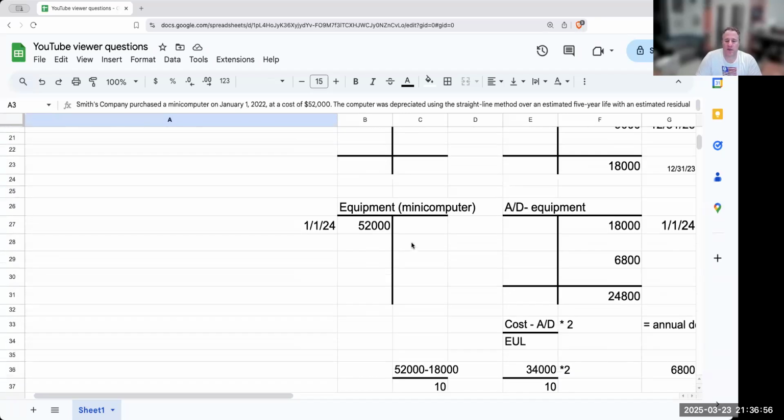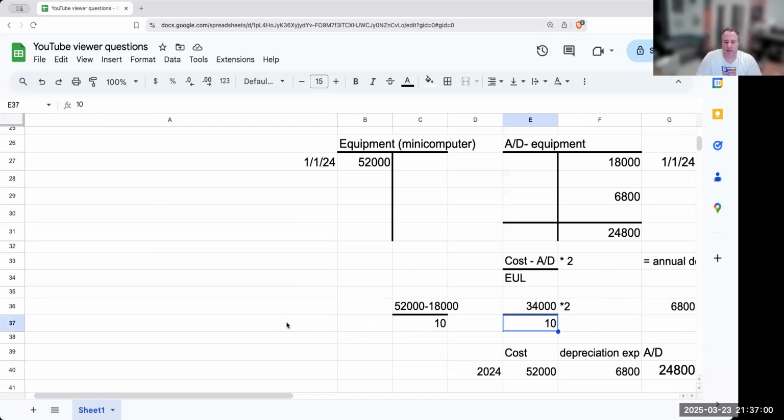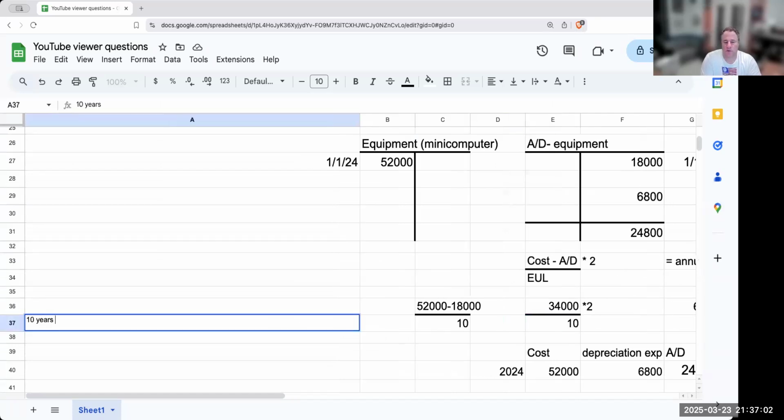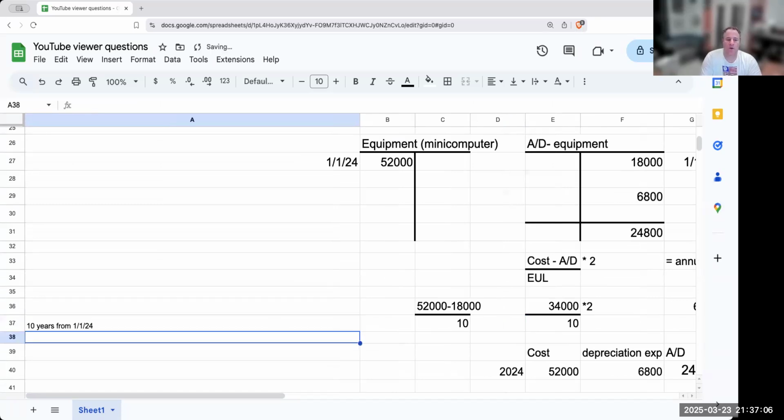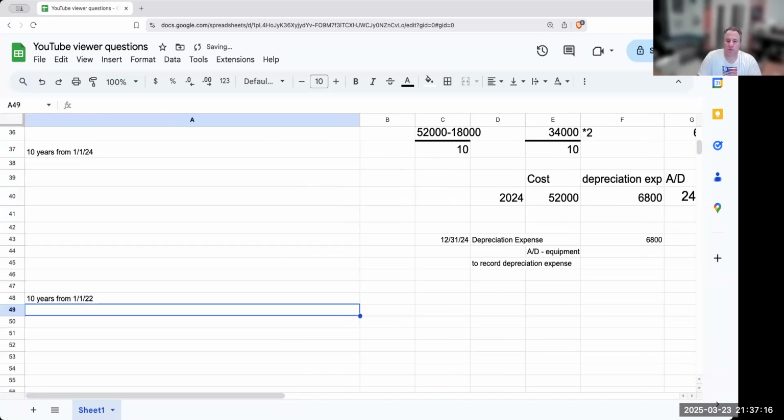You could also say this assumes 10 years from 1/1/22.